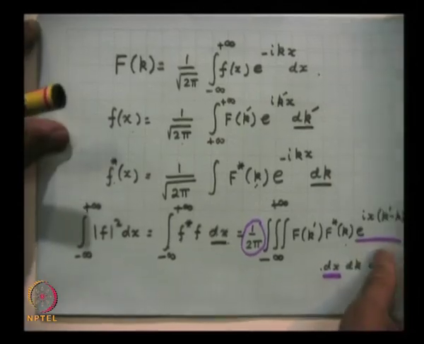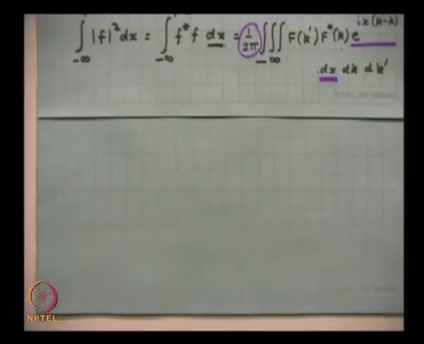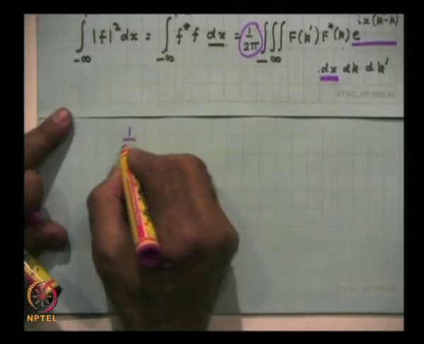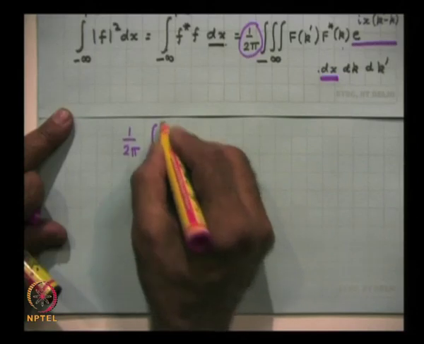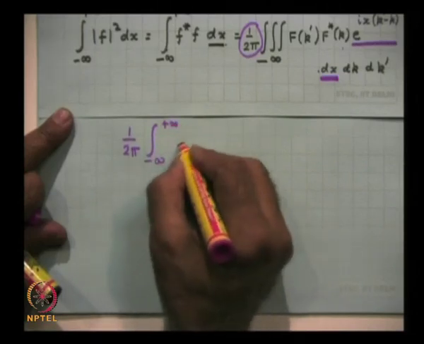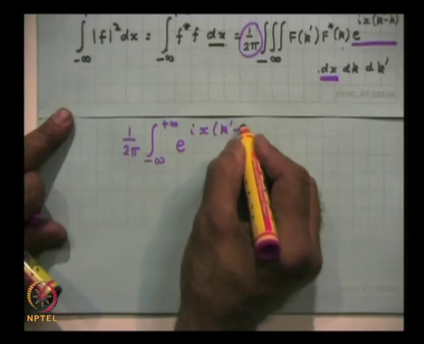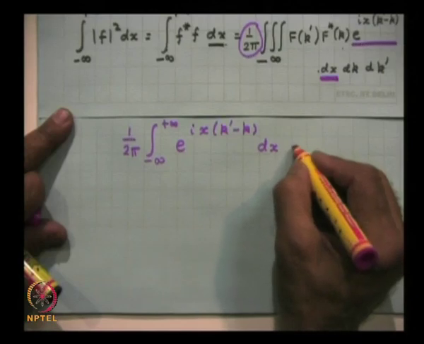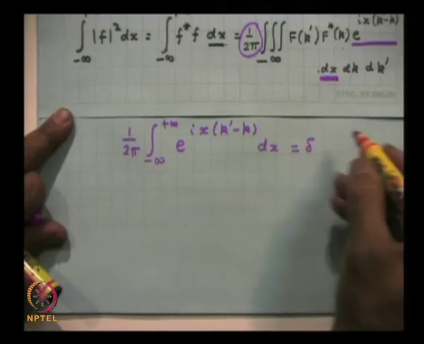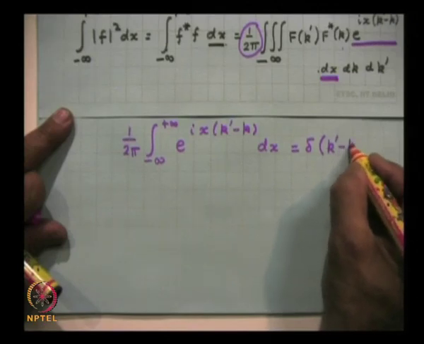If I do that, if I put it at the top, then what I will find is 1 over 2 pi, integral from minus infinity to plus infinity of e to the power of i x (k prime minus k) dx. This is equal to delta of k minus k prime, or k prime minus k, it does not really matter.